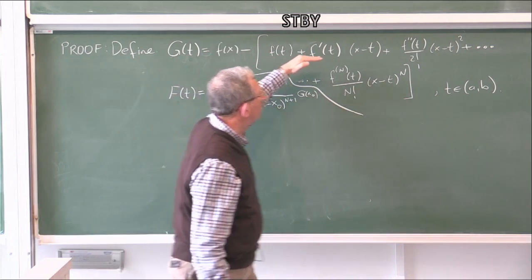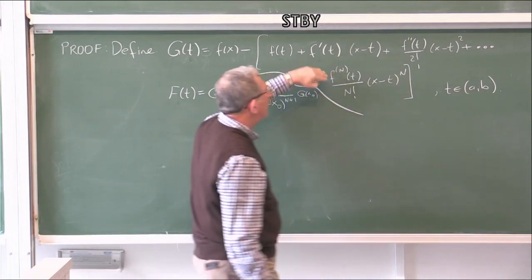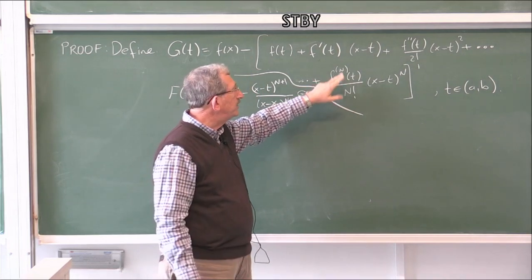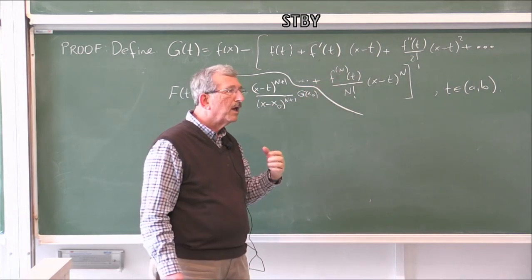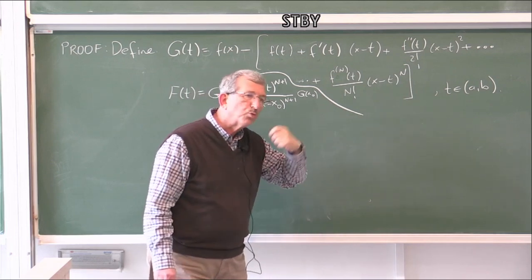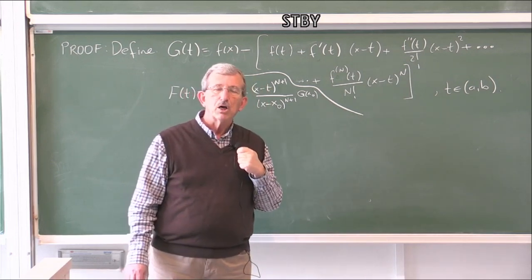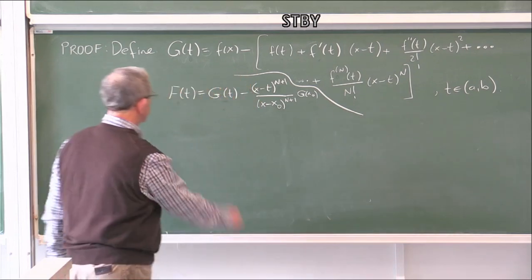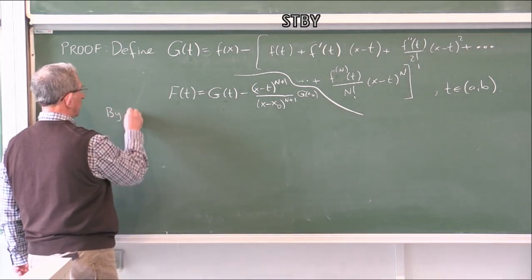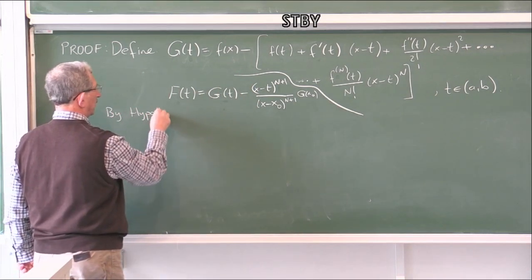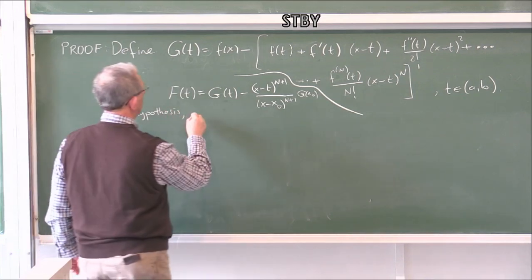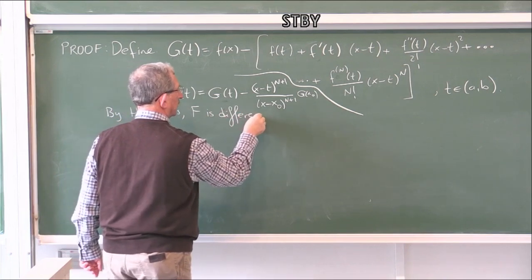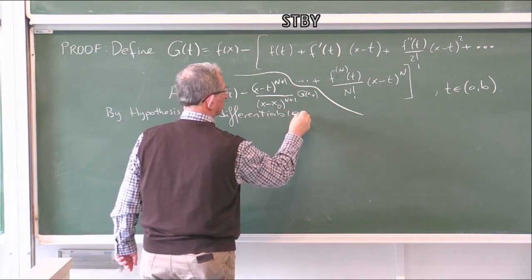We have f of t, f prime of t, we have the nth derivative of f at t. Now to differentiate g, we have to differentiate the nth derivative of f. But f is n plus 1 times differentiable. So the nth derivative of f is differentiable. So from the hypotheses, f is differentiable in AB.